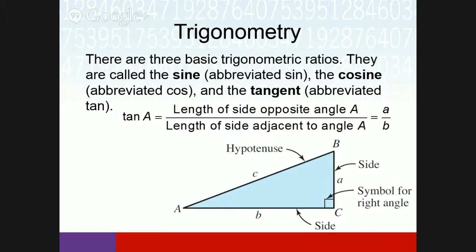Cosine of this angle is adjacent over hypotenuse. You guys see how, don't try to memorize A or B, because it depends. Don't try to memorize A over B or B over A. Memorize the words here, because they're not always going to be in that order, and this only works for angle A. Tangent of B is B over A.